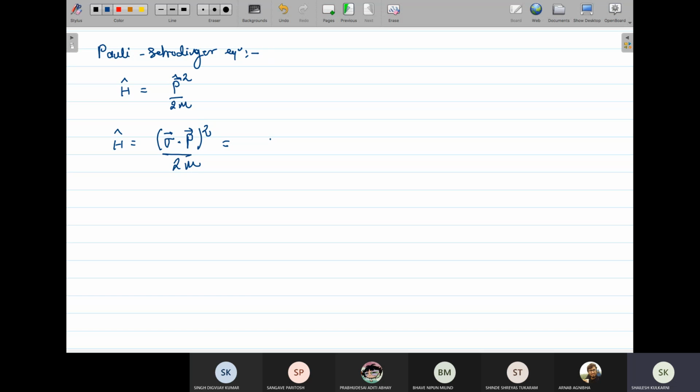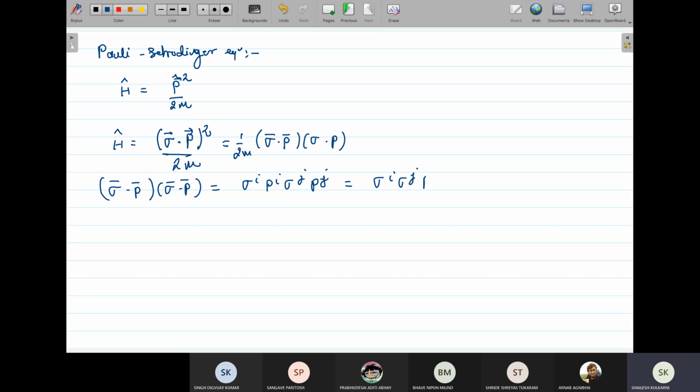Sigma dot p is sigma dot p into sigma dot p. I'm just writing this numerator, the 1 over 2m is there, but I will now concentrate on this piece. So sigma dot p times sigma dot p is sigma_i p_i sigma_j p_j, summed over i and j. This is equal to sigma_i sigma_j p_i p_j.